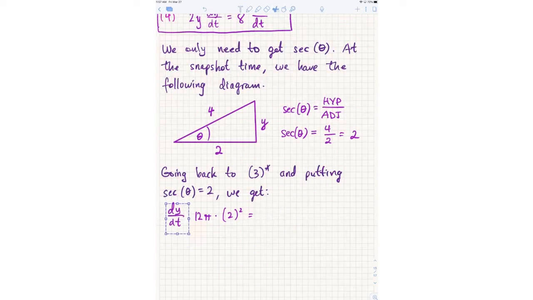On the other side, we get 12 times 4, so we get 48 pi. And what are the units of this? A dy over a dt means units of y over units of t, length over time. The length in this problem was measured in kilometers, and the time in minutes. So we get kilometers per minute.